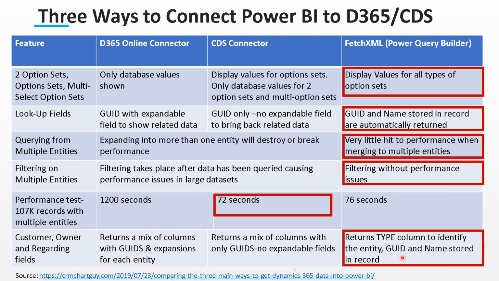When you're using those fields, you usually end up wanting to get those multiple entities into a single column so that you can report on them together, and that typically requires some modifications in the query editor. It's just easier to get that to happen if you get one column that says type, one column that has the GUID, and another column that holds the database value.